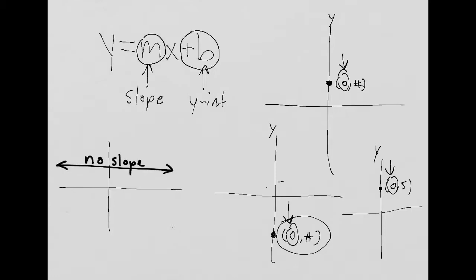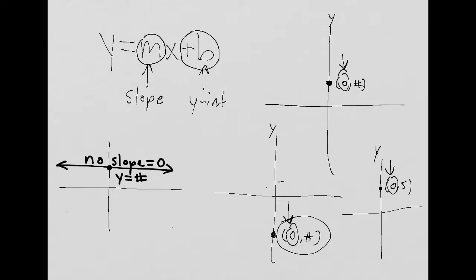Remember, slope is basically like a hill, a slant, and no slope would be like flat ground. So there's no slope at all. Remember, if there's no slope, that's a slope of 0. And therefore, the equation of that line is just y equals whatever number the line is going through on the y-axis.